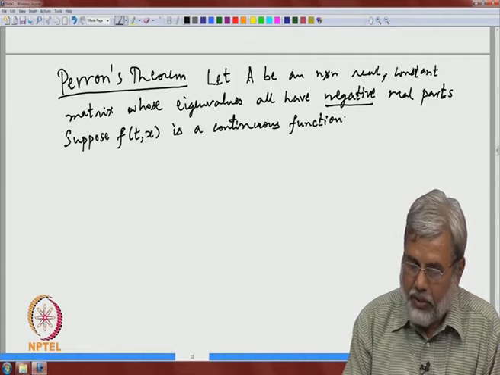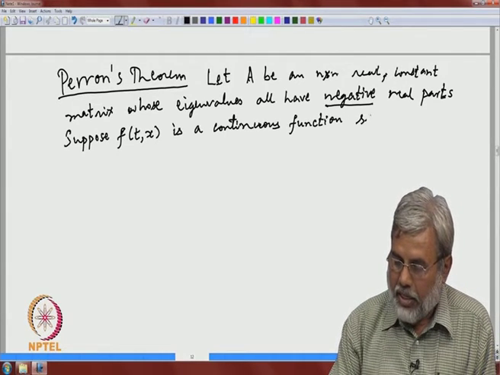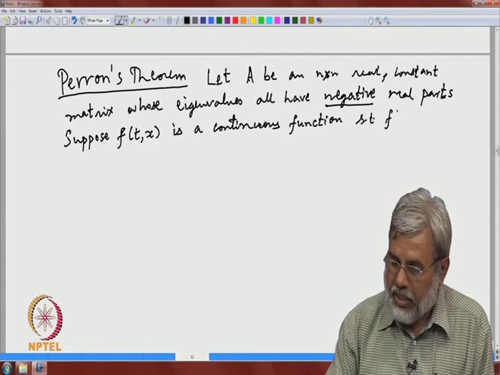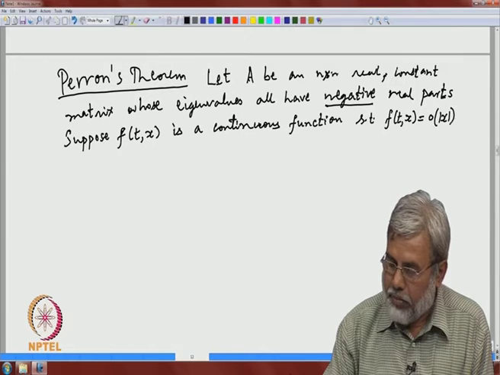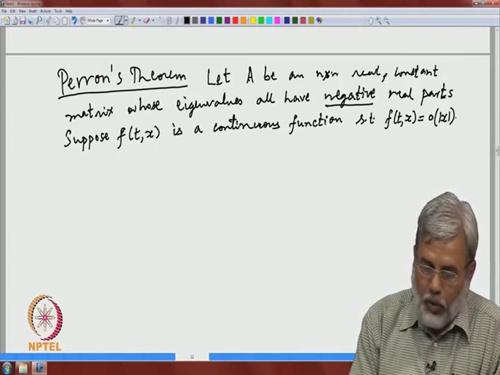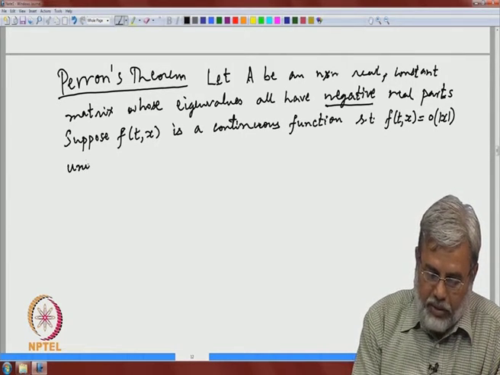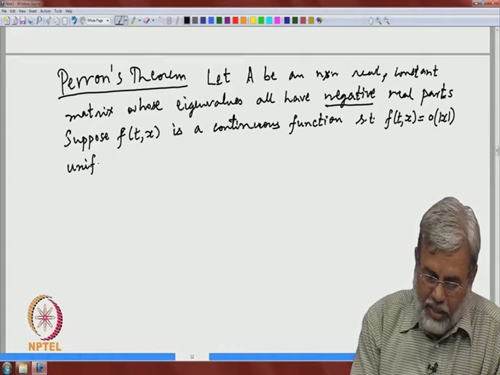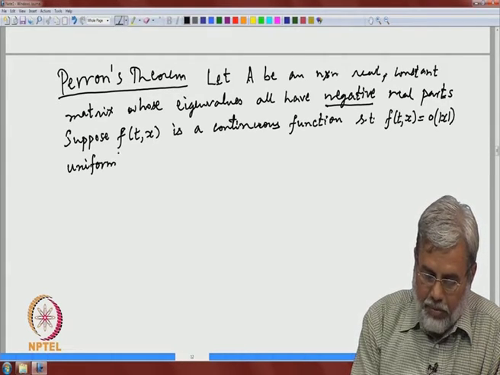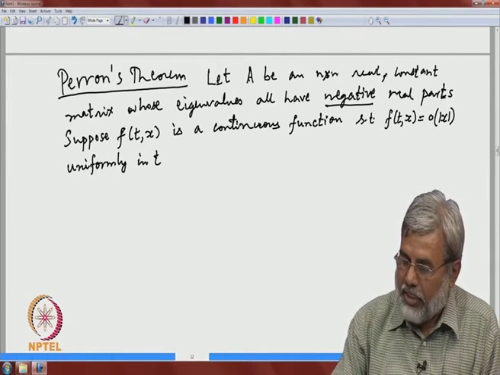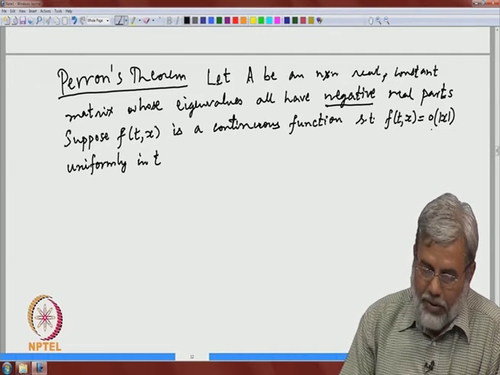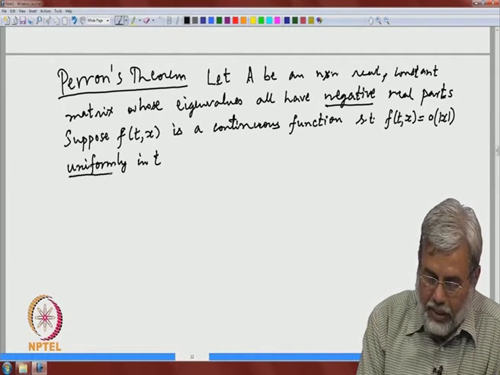So, just take a continuous function such that, I will explain this a little later, f is small o of mod x uniformly in t. This is a kind of limit relation, and if f does not depend on t then this is fine, but I write it uniformly in t.